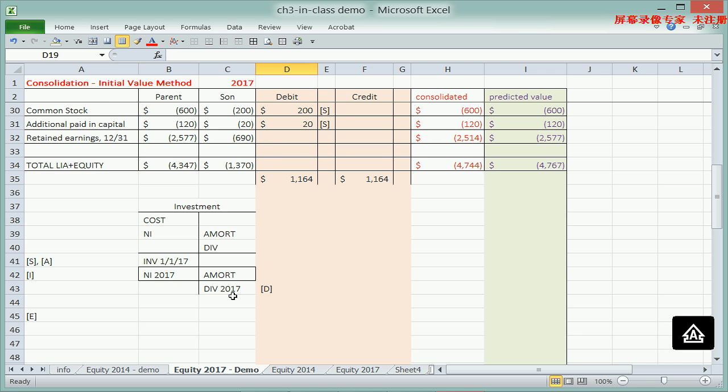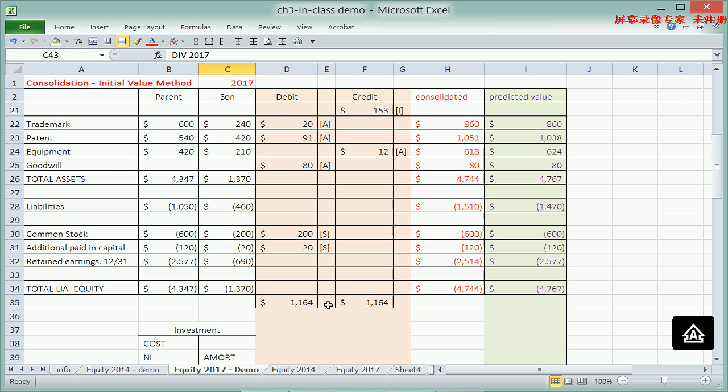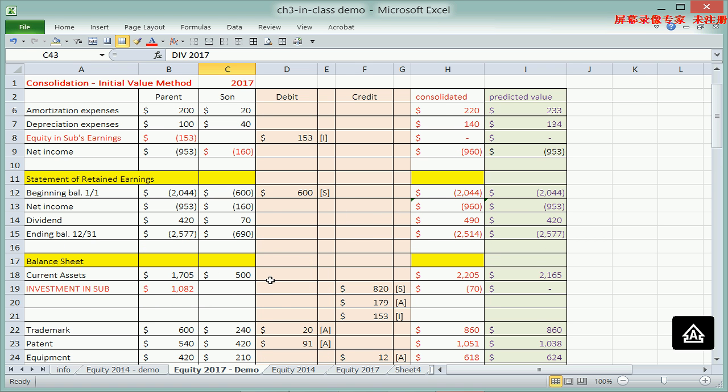Lastly, I eliminate the dividend. I reverse what I did to my investment account before, when we credited our investment account by the dividend we received, so we need to debit it if we want to reverse it. So we want to debit the 40. No, in this case it's 70.